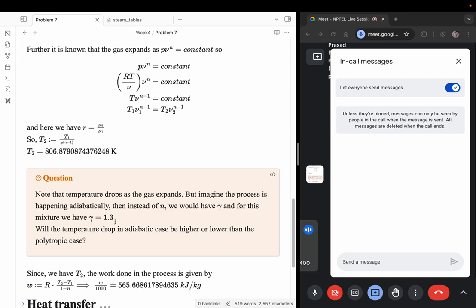So what would you expect? If n is replaced from 1.2 to 1.3, will your temperature drop be higher or lower than the present case? For example, if it was adiabatic, do you think the temperature would be lower than this 806 Kelvin or higher than this?